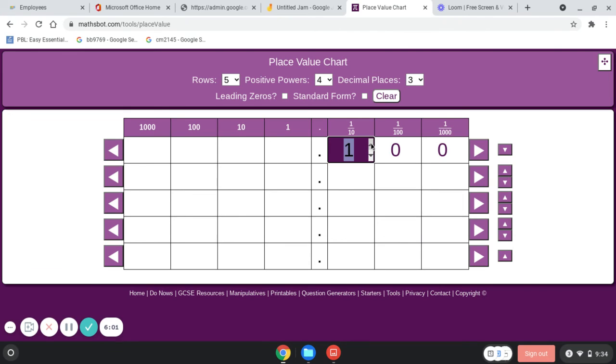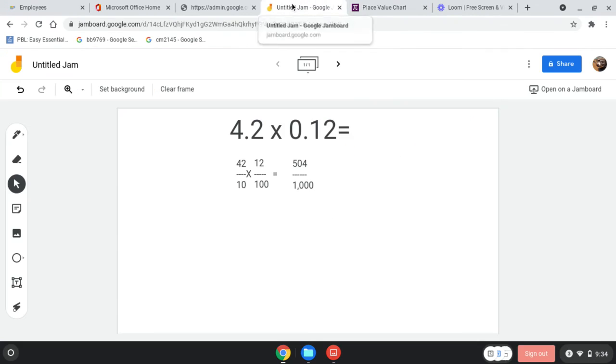We're going to put 5 underneath the tenths place, 0 underneath the hundredths place, and 4 underneath the thousandths place. So our decimal answer, our product, would look like this: 0.504. So let's go back and just show how that would look as a decimal number.